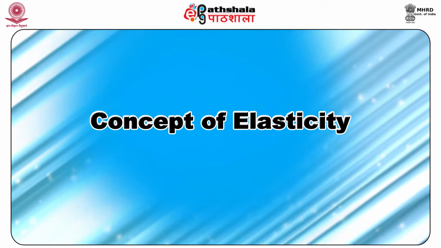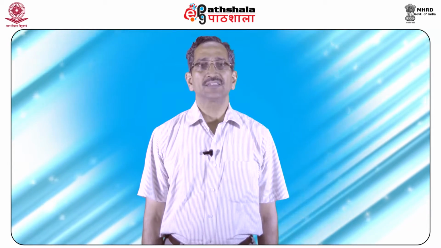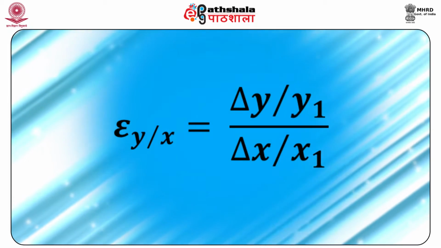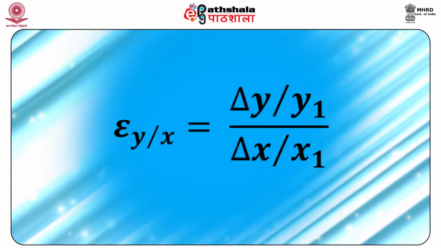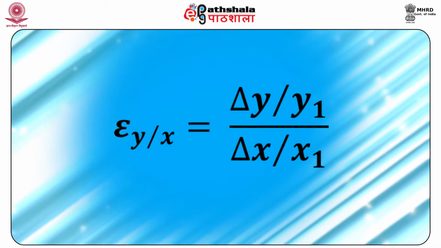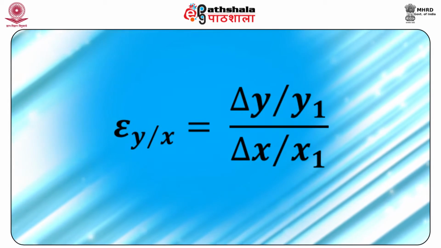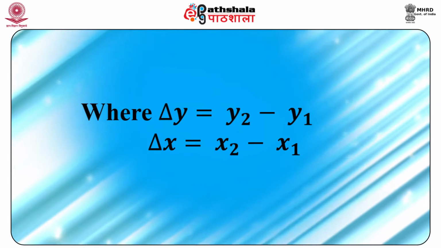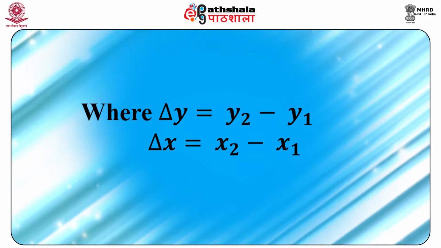Now here let me introduce the concept of elasticity. Elasticity measures the ratio of relative change of two variables. In terms of proportional changes, the elasticity of y with respect to x can be defined as elasticity of y given x is equal to delta y upon y1 upon delta x upon x1, where delta y is equal to y2 minus y1 and delta x is equal to x2 minus x1.